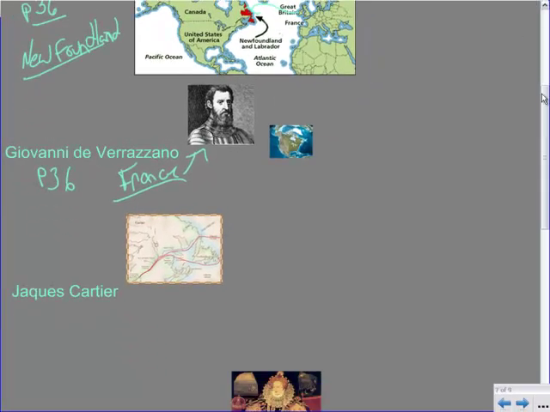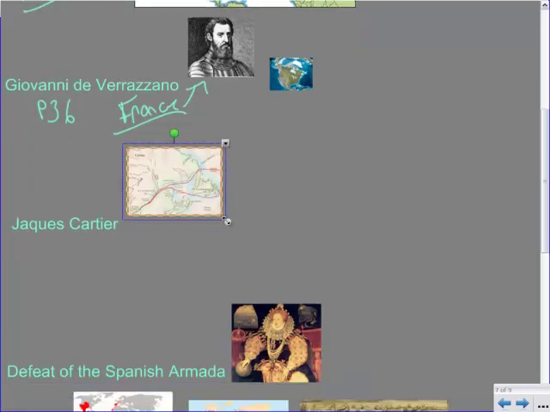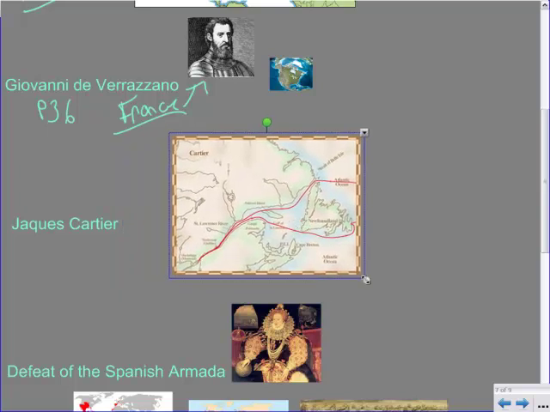Jacques Cartier is going to be sailing in what will later become the St. Lawrence River. This is in Canada a little bit. This is like Maine, and then we get down in here to the Great Lakes. But he sails down through this would be the Atlantic Ocean over here.